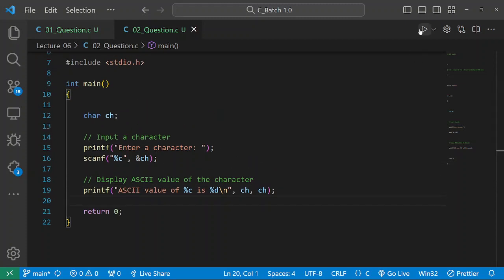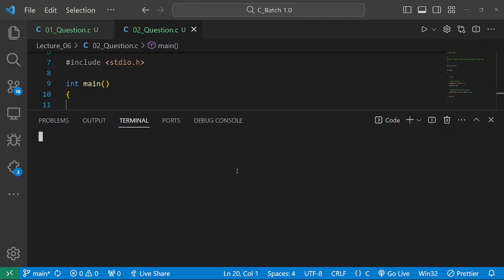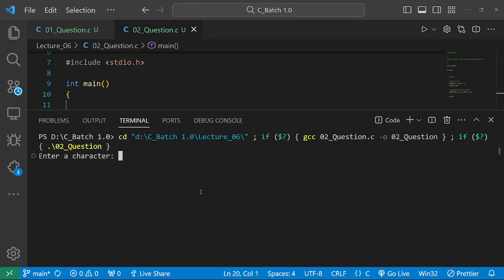So let me run it for you. Please give me any character which you want. Someone says n. So you can check its ASCII value. If you don't know the value of n, go on Google and search for the ASCII value of n.